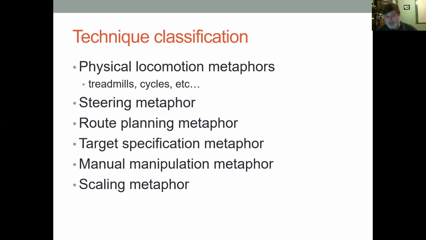It was a very intuitive, simple way to get people to walk around in buildings. Then we have route planning, where we need to decide where we want to go and specify how we're going to get there if we're not going to physically walk there. And then we have some sort of manipulation to get there.